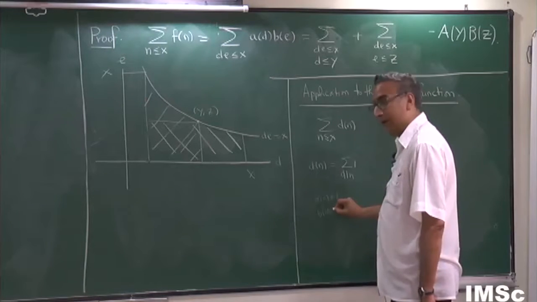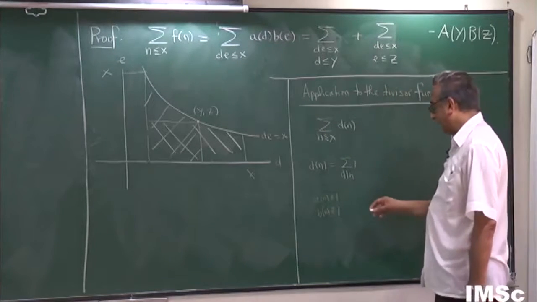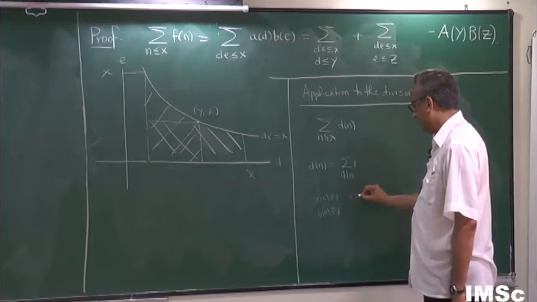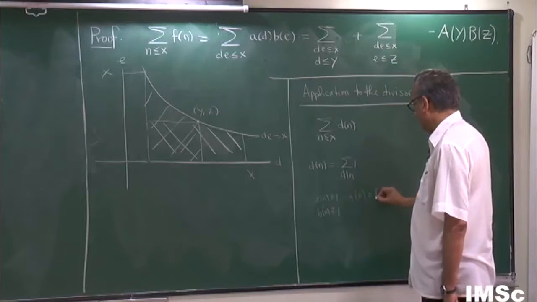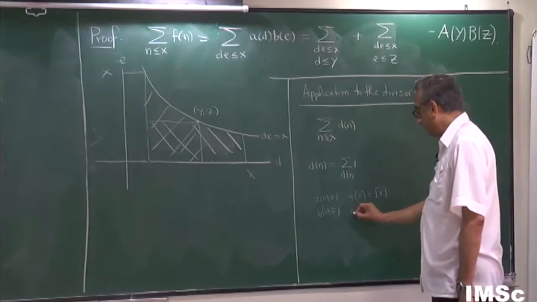In that case, a of x is simply the greatest integer of x, and b of x is the same, of course.